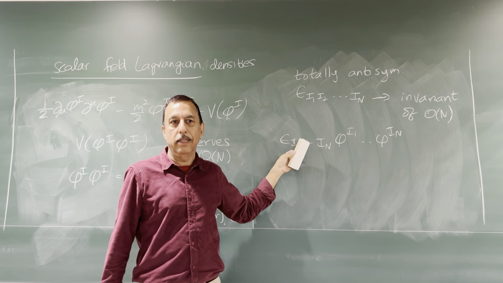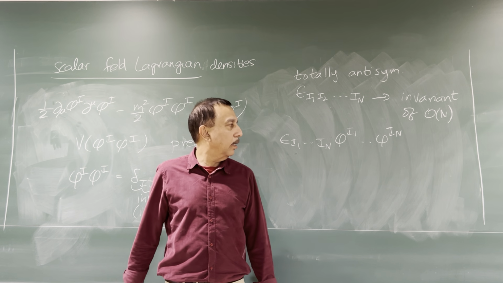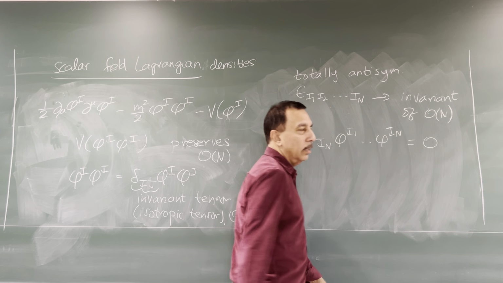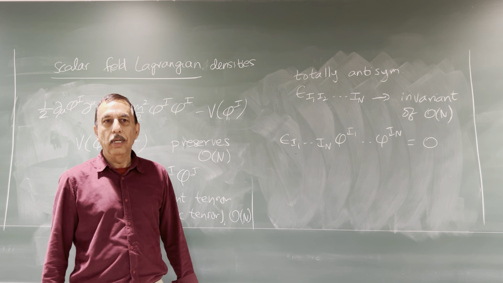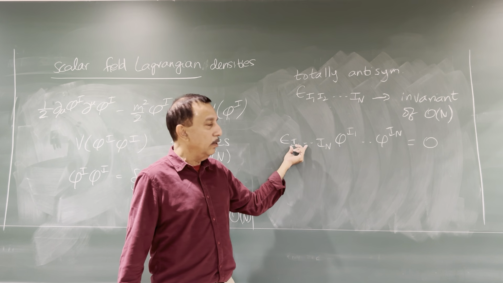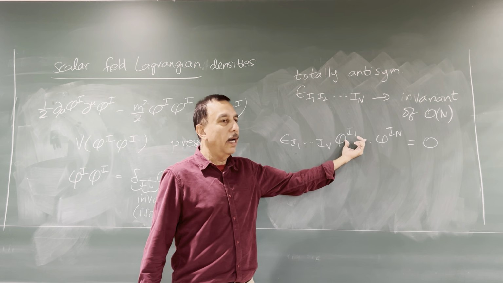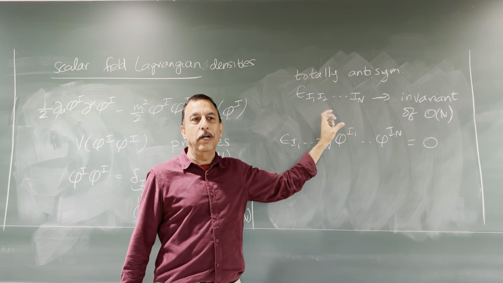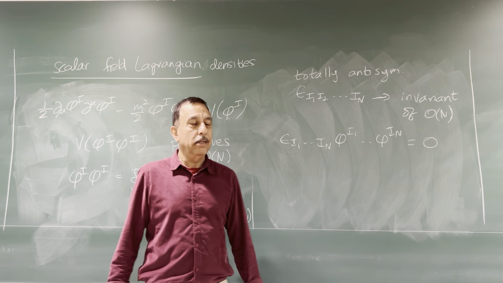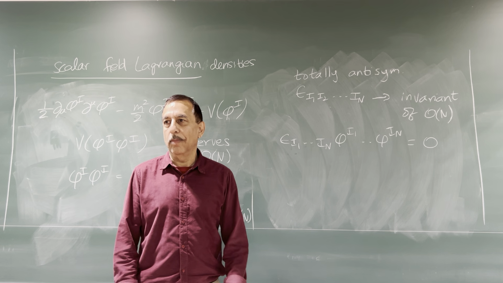That's the statement that it's an invariant tensor. So it is an O(N) invariant, but unfortunately it's a very uninteresting one. It's 0. Why is it 0? Because if I interchange I1 with I2, this picks up a minus sign, but phi_{I1} and phi_{I2} can just be moved around. They're just classical fields, so they commute with each other. So then it's 0. This is not much fun.